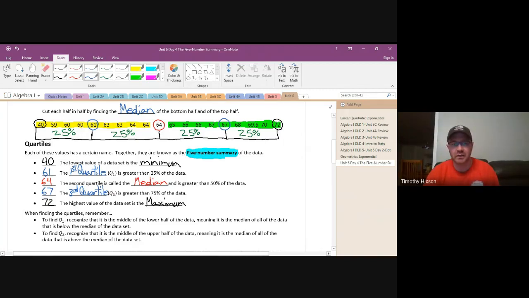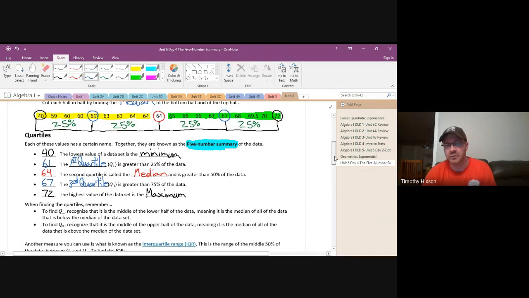Here's the median. I highlighted in yellow everything below it, and 61 is the median of that. To find Q3, the third quartile, it's the middle of the upper half, so it's the median of all the data above the median of the data set, like we just found.